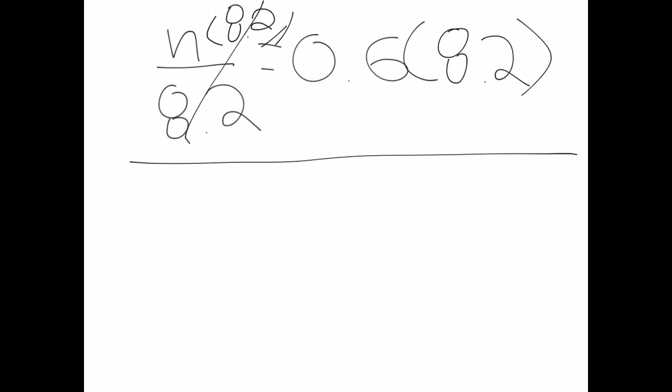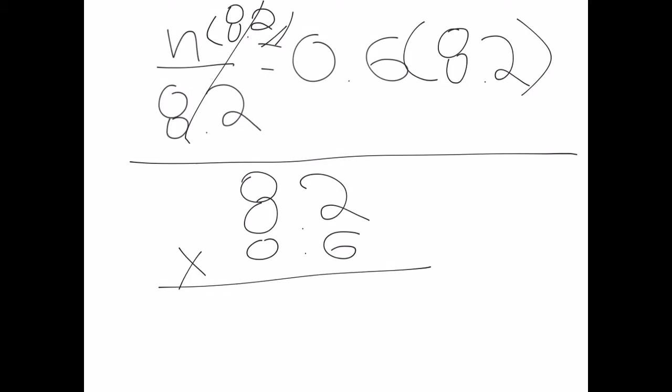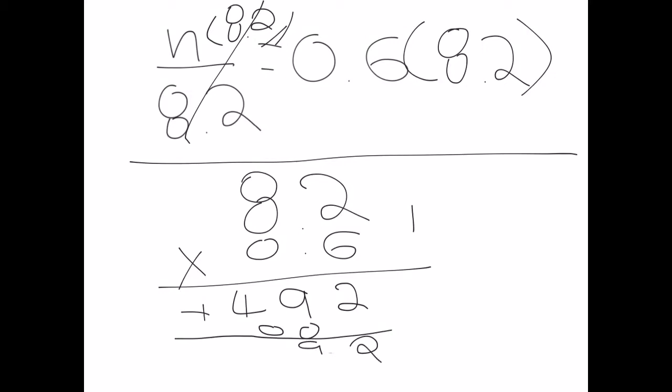So we have to multiply 8.2 times 0.6, which 6 times 2 is 12, 6 times 8 is 48, and 1, 49, and 0, 0, and the answer is 294, 4.92. So n equals 4.92.